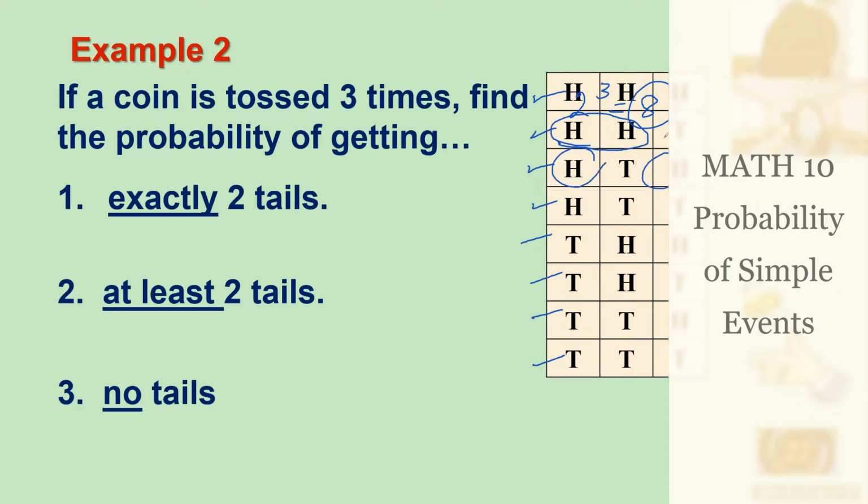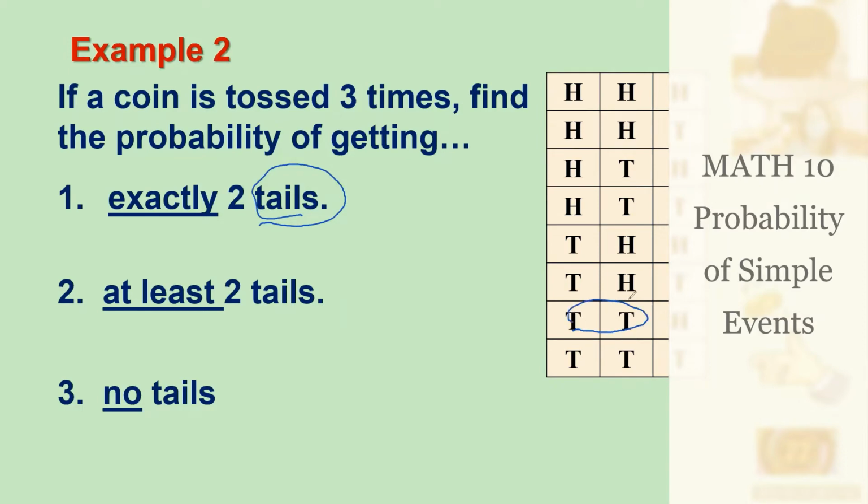So 1, 2, 3, just 3. Sorry, let me recount. How many are those with exactly 2 tails?